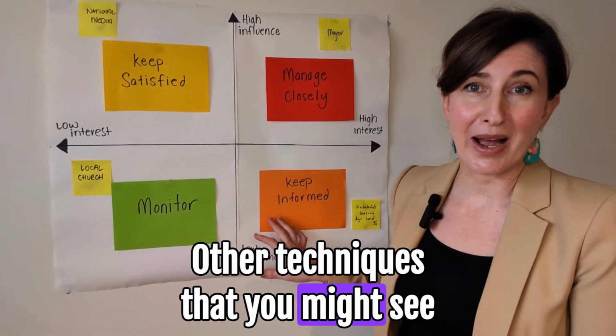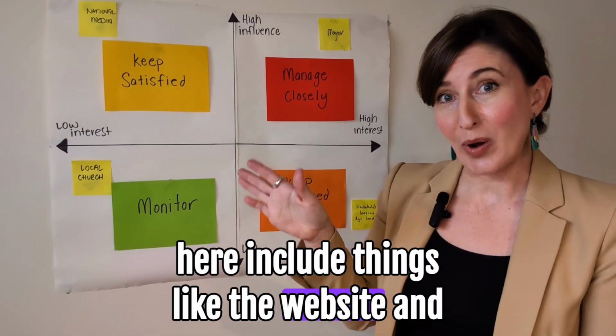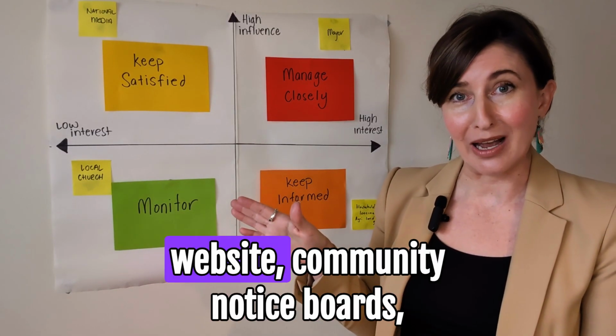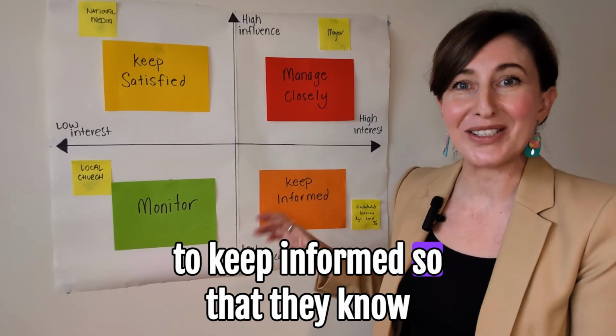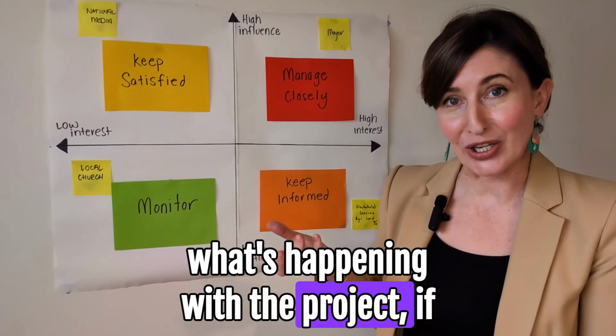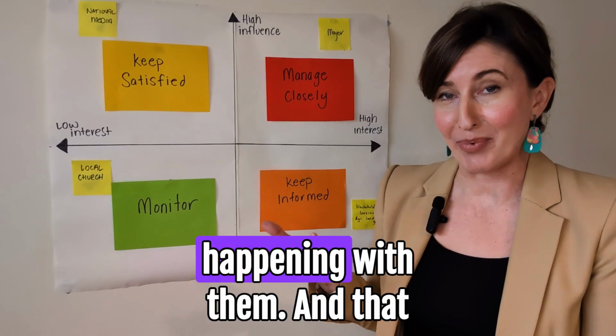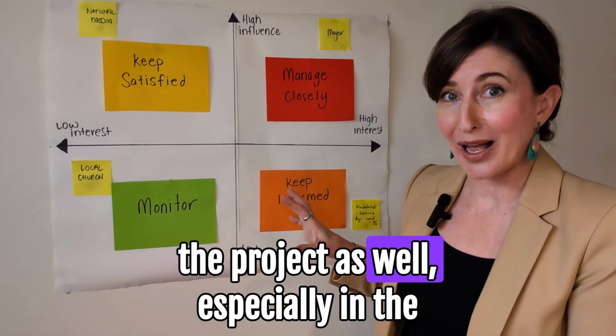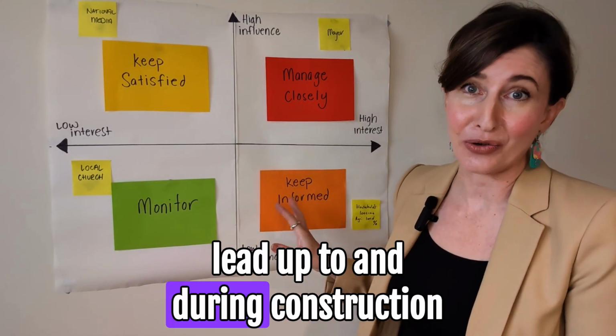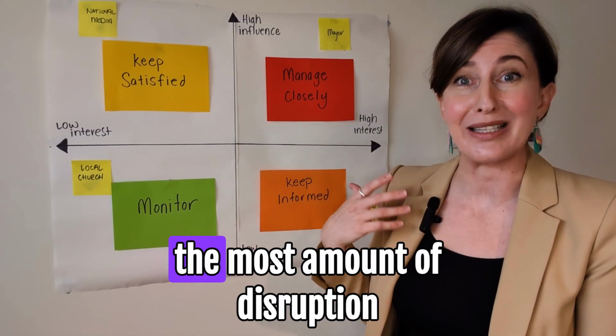Other techniques that you might see here include things like the website and having project information on the website, community notice boards. This group you're going to really want to keep informed so that they know what's happening with the project, if they're directly affected, what's happening with them. And that might be more at different stages of the project as well, especially in the lead up to and during construction phase, which is often when there's the most amount of disruption.